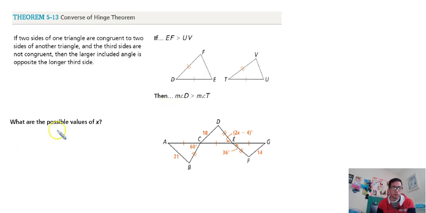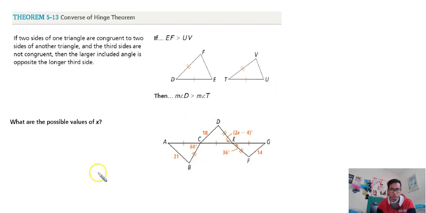So what are the possible values of x? You are looking at the values of x here, 2x minus 4. The givens are angle 36, side 18, angle 60, and then 21.